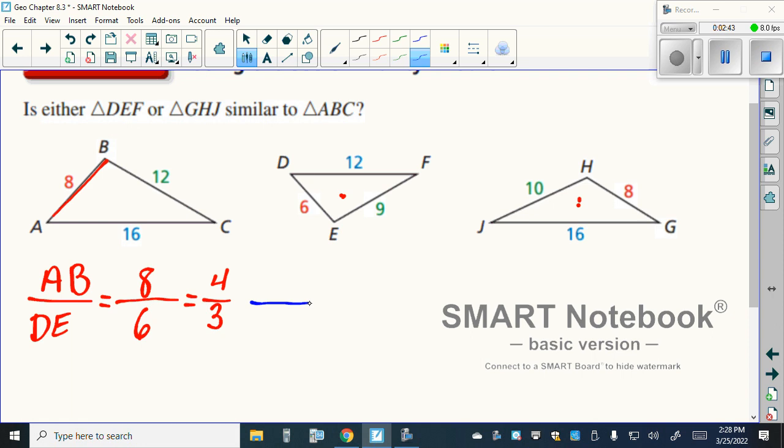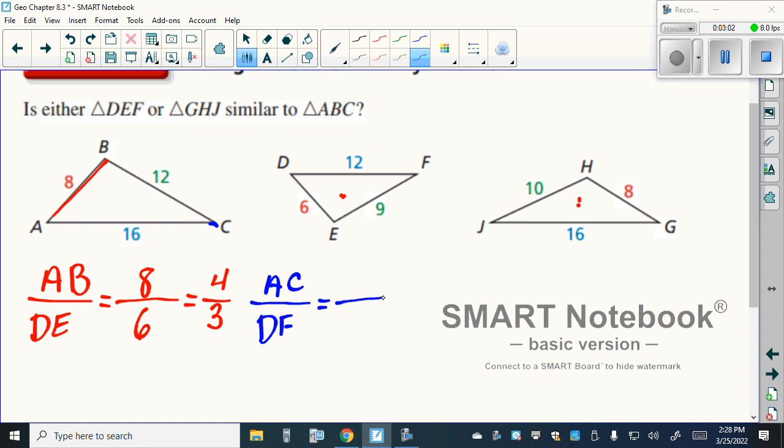So we looked at AB, we can look at AC next. AC is the biggest side length, yes? So in DEF, the biggest side length is DF.